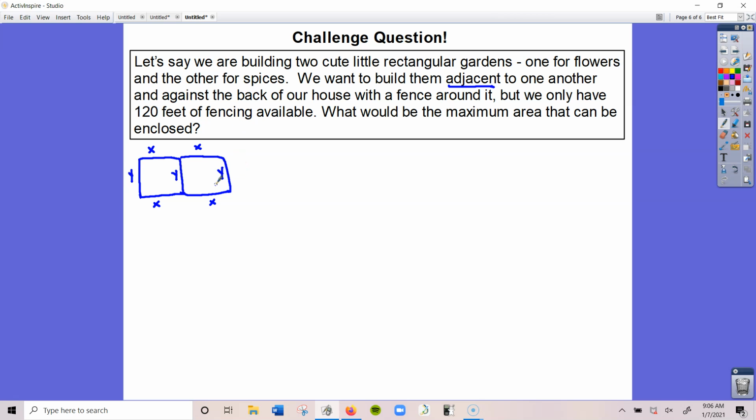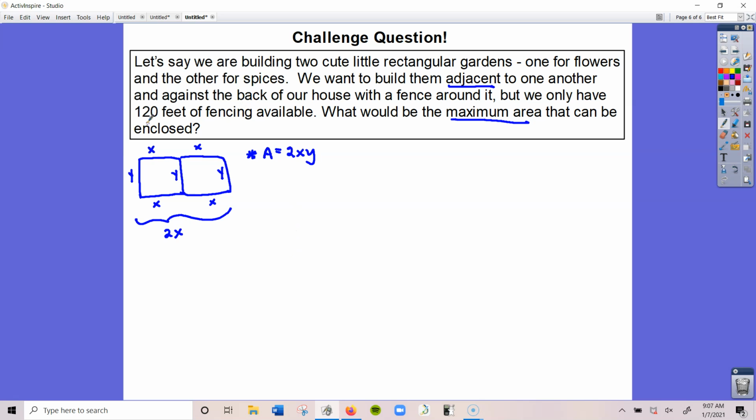What we are trying to maximize here is the area. So area is going to equal the base times the height. Now the base of the whole thing is x plus x, so 2x. And then the height is just y. So my area would be 2x times y.